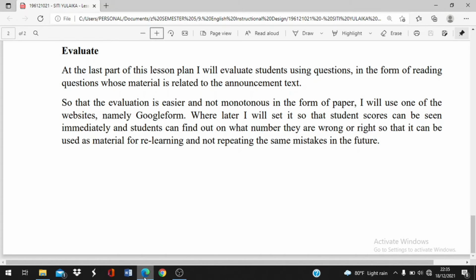Later I will set it so that student scores can be seen immediately and students can find out which numbers they got wrong or right, so that it can be used as material for relearning and not repeating the same mistakes in the future.